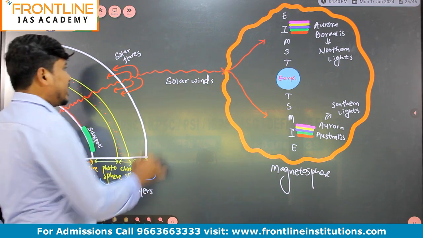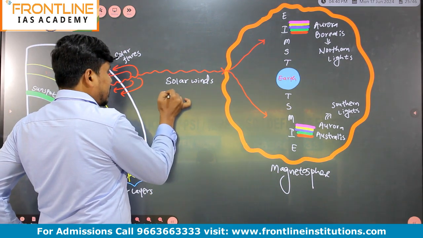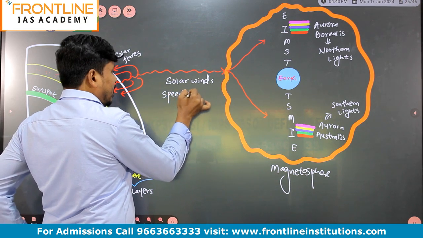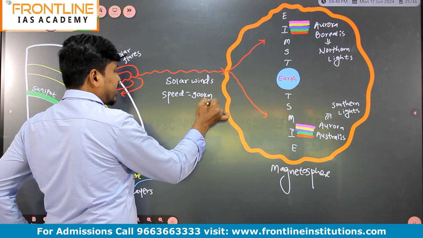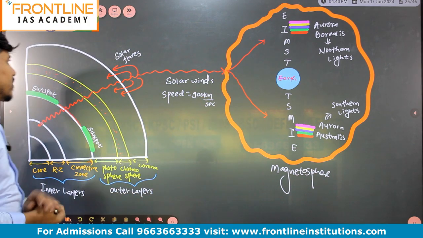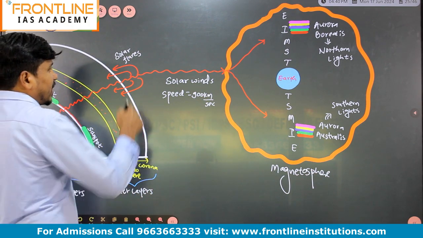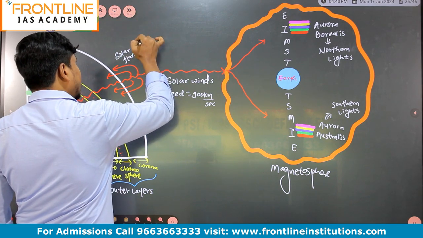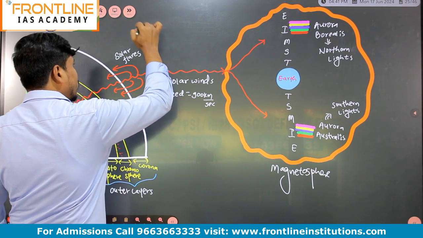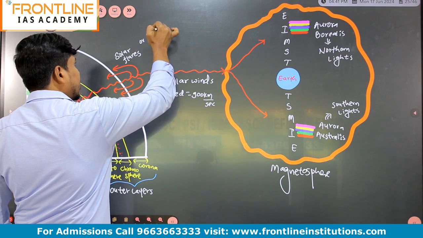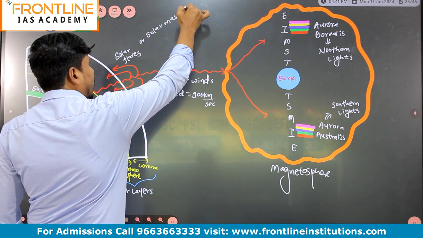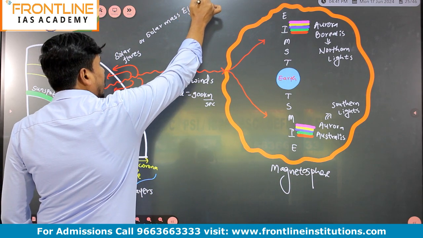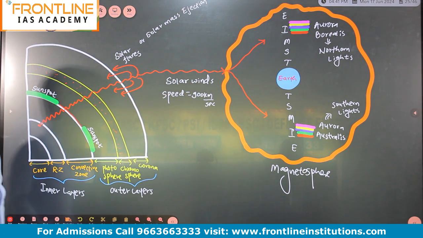Solar winds travel with a speed of 900 kilometers per second. Solar flares are also known as solar mass ejection.